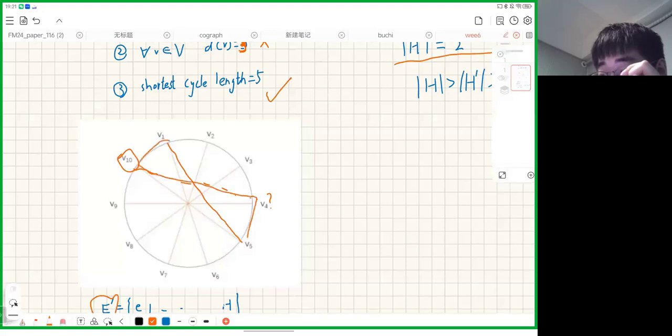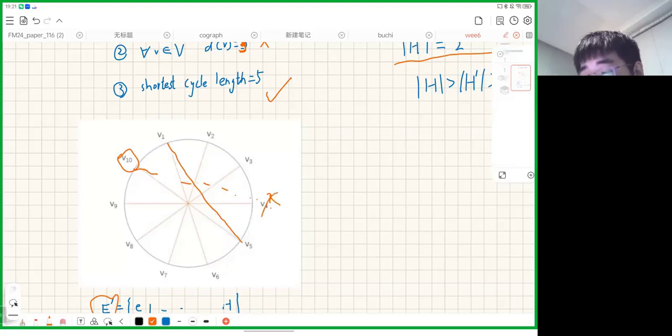This is also a circle with length 4. So this is wrong. Can we connect to V5? Of course not, because we cannot share a vertex. And can we connect to V6? No, because it also creates a circle with V10, V6, V5, V1, and V10.